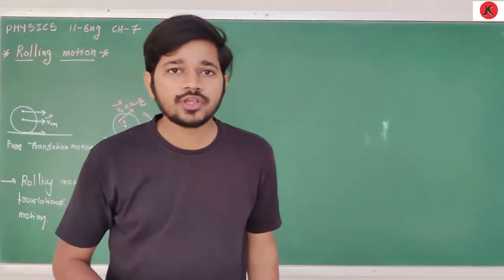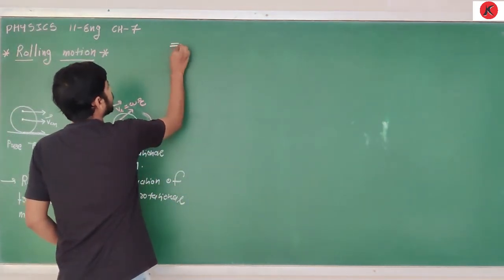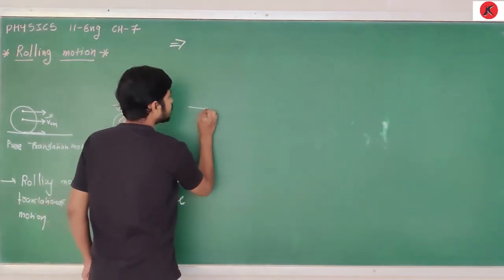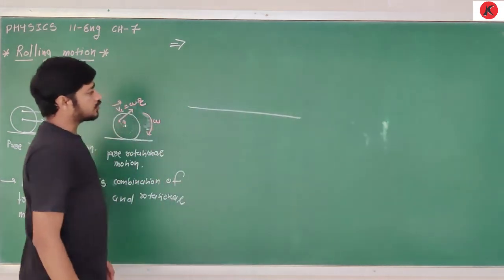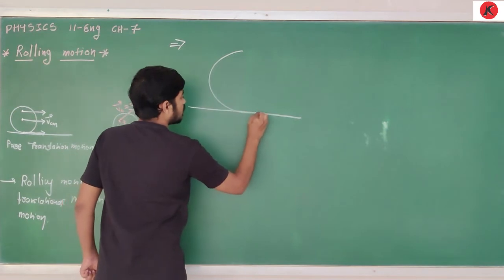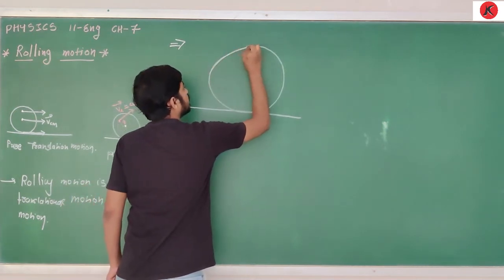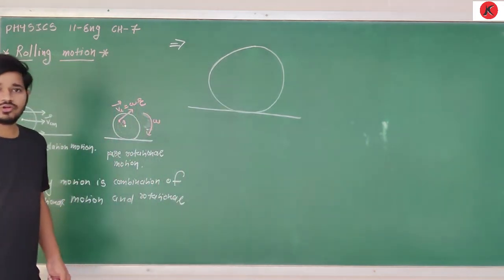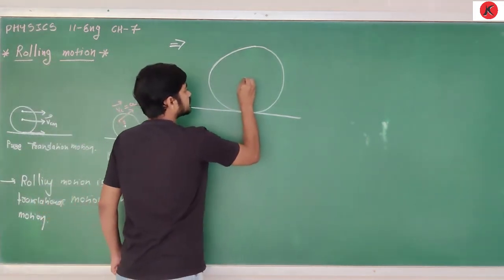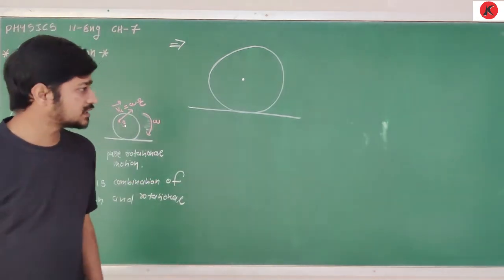Clear? Okay, so what is rolling motion? For example, see, it is a level surface. The same disk is here, and this is its center of mass.